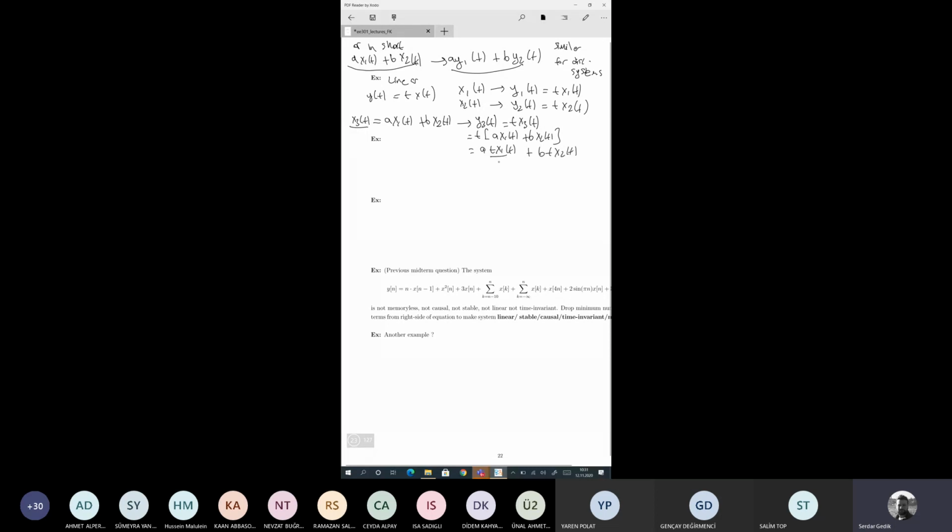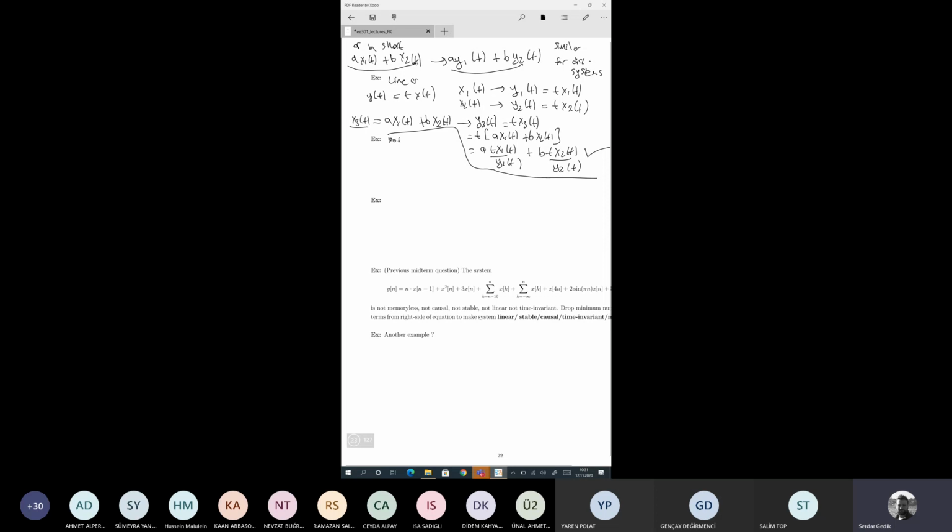And this is nothing but a times y1 of t plus b times y2 of t. So this is a linear system. If I scale and sum the inputs, outputs are also scaled and summed. This is an example of a linear system.